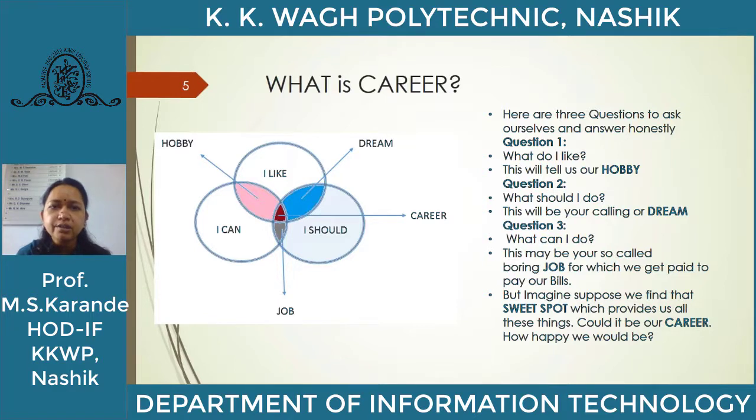So you should be very careful in which direction you are going. I hope that with these three questions, you will be able to answer the question of how you should choose your career, right?